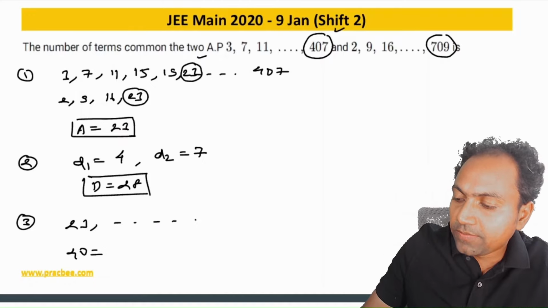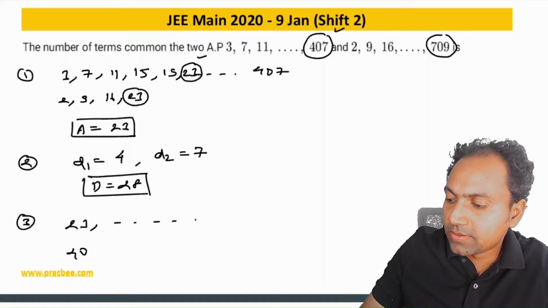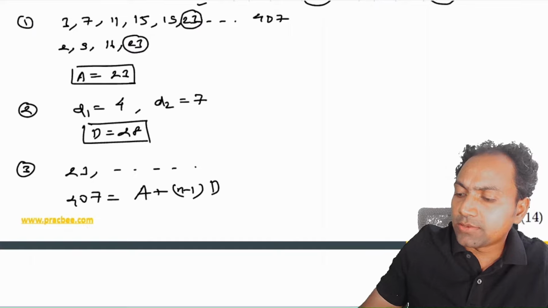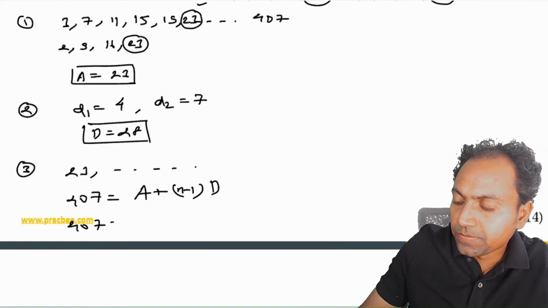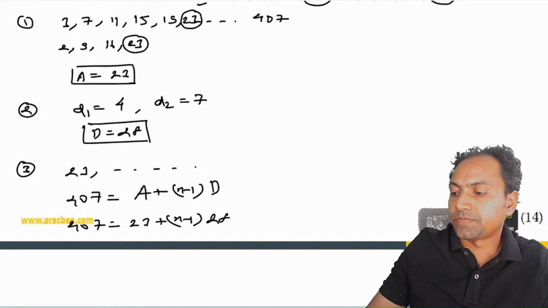Now corresponding to this 407, let us find the value of n. I am applying the formula a plus n minus 1 into d. Let us put the values of A and D here. 407 is fine. My A value comes out to be 23 and my D value comes out to be 28.